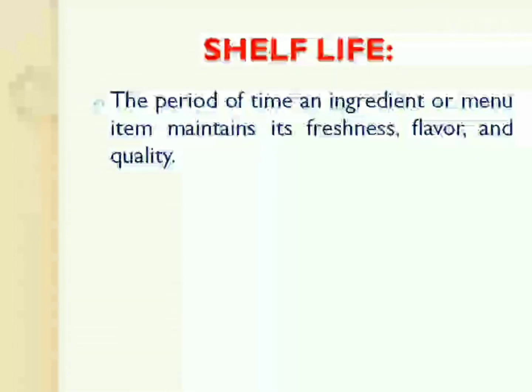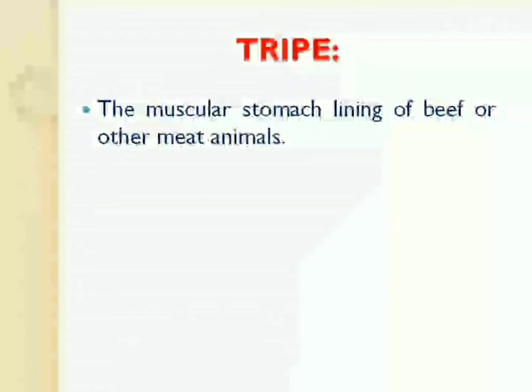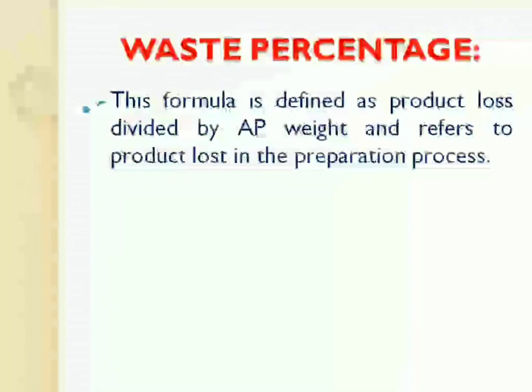For example, milk products, milk, chicken, mutton, fish come under the perishable category. And what is tripe? Tripe is basically the muscular stomach lining of beef or other meat animals that is used for preparing dishes, or in the pre-preparation process.